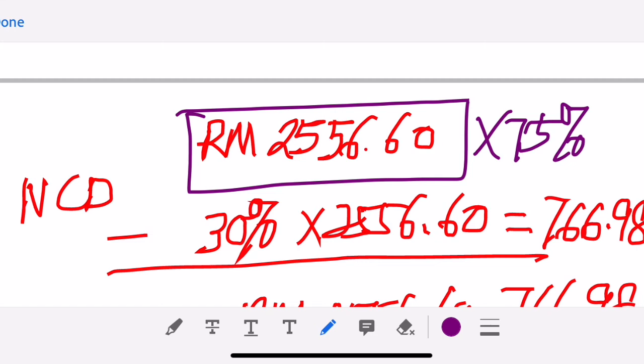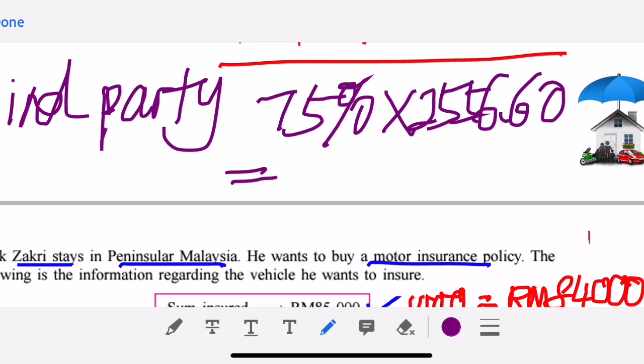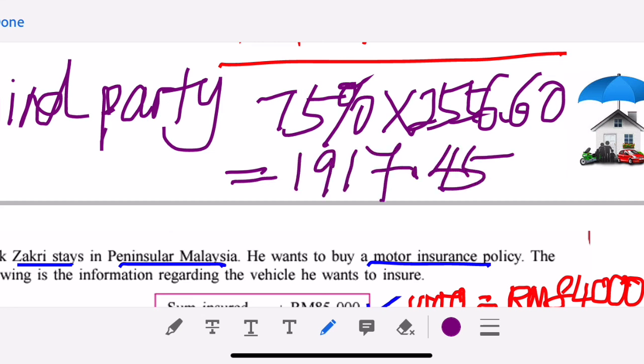So if you use a calculator, 75 per 100 times 2556.6, you will get 1917.45, right? So for third party, the amount is 1917.45. Okay, this is before we minus the NCD.